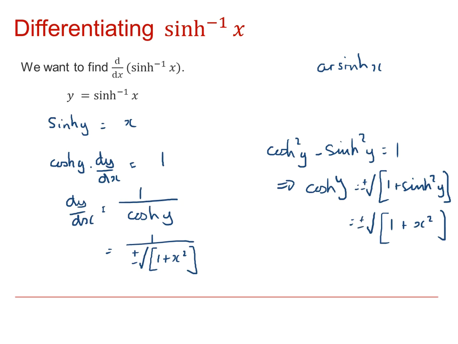However, we also know that the gradient of sinh inverse is always positive, so we can take the positive square root and say that the derivative dy by dx is equal to 1 over the square root of 1 plus x squared.